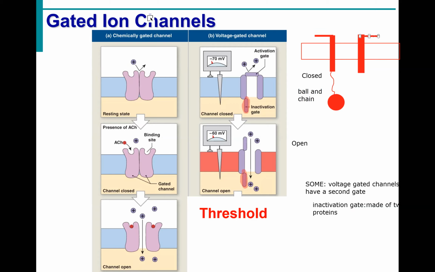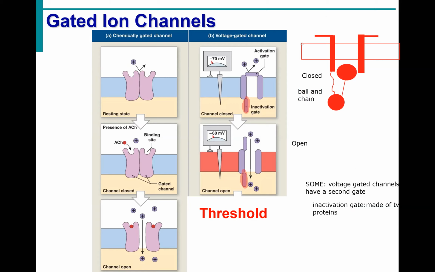What can actually happen with this is when it's in this open state, it's not very stable. And what will actually happen is the ball of the ball and chain will come in and wedge itself into the channel. Notice when it wedges itself into the channel, ions can't flow through it anymore.